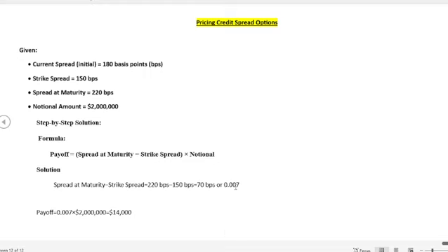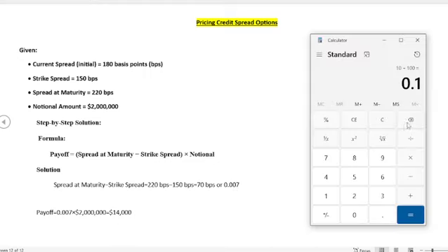After converting BPS into decimal, 70 divided by 10,000, we get 0.007. Then multiply with the notional value, and you get the answer 14,000. This is the answer for pricing the credit spread option.